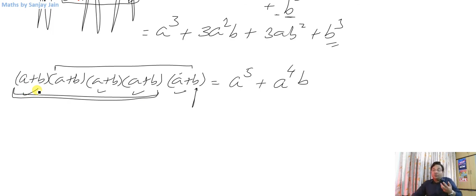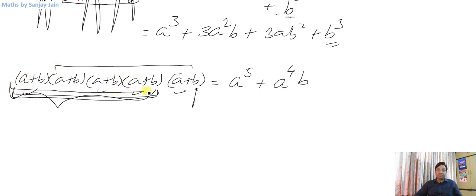So in how many ways can you select 4 brackets out of 5? This is the question. In how many ways can you select 4 brackets out of which we will take a? And from the 5th you automatically have to take b, so you don't have to worry about it.